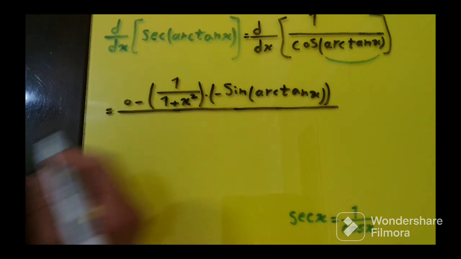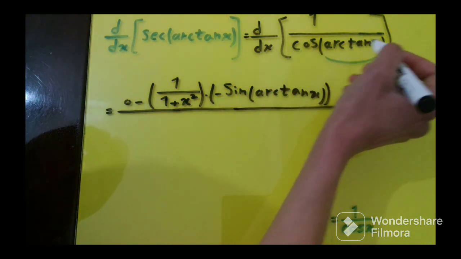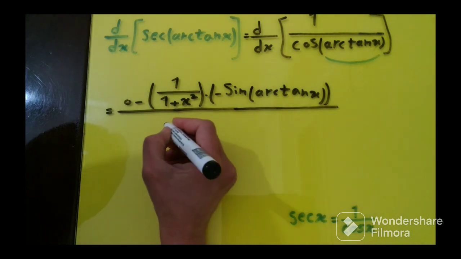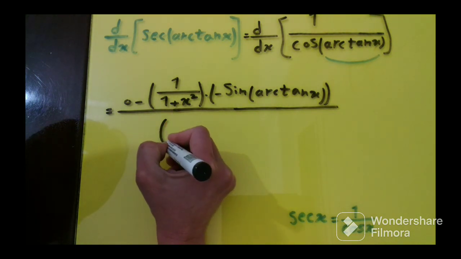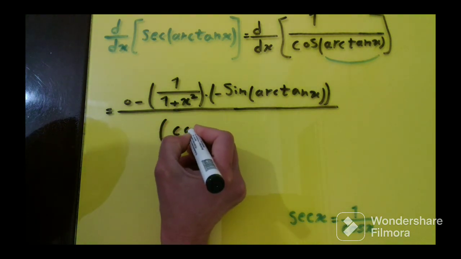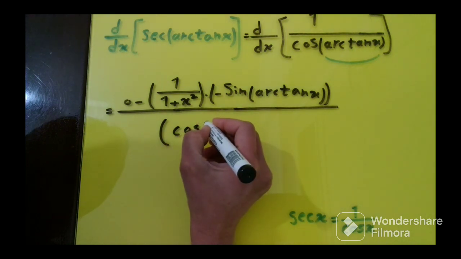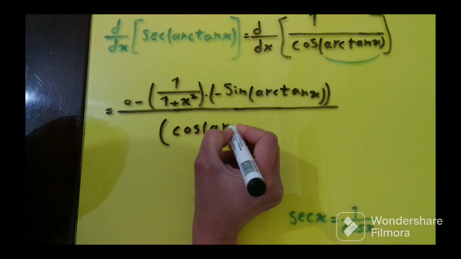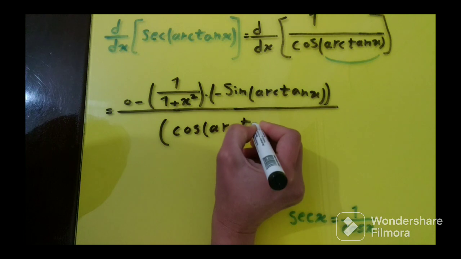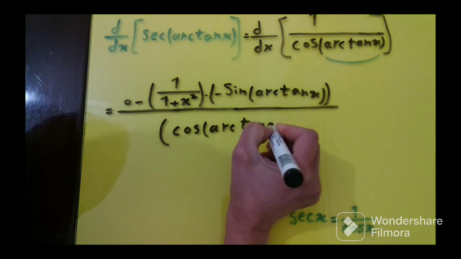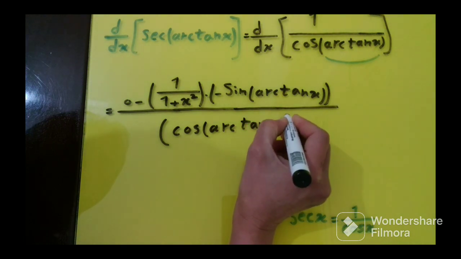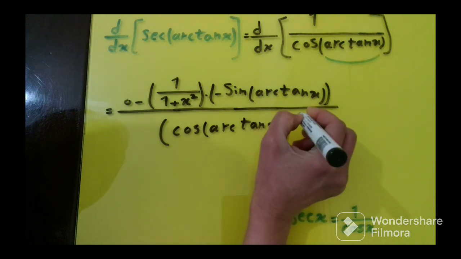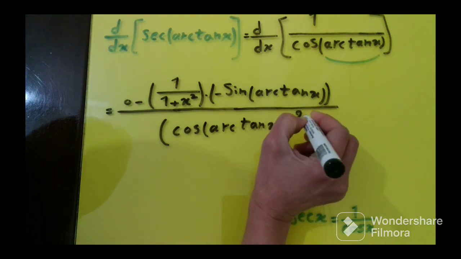And for down, repeat this term to the 2. It's cosine arctangent x to the 2.